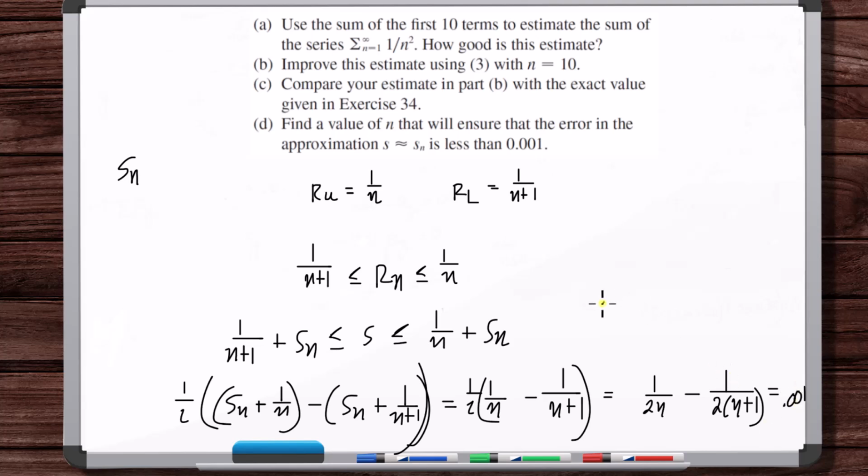So n is equal to 22. Instead of n equal to 1,000, if you went that extra step and got the range of the S, and then divided that range by 2, then you'd get something that would be less than 0.001, as long as you use an n that is 22 or greater. That's pretty cool.